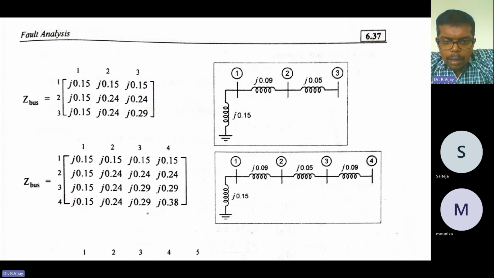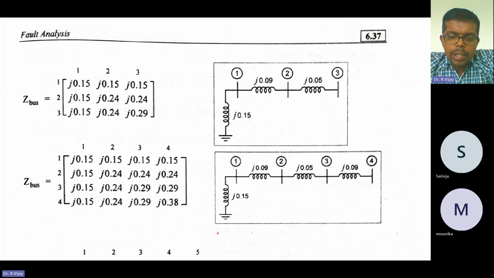So how does this 0.38 come now? Whatever the value coming over here, that is j into 0.29 plus the new element j into 0.09.